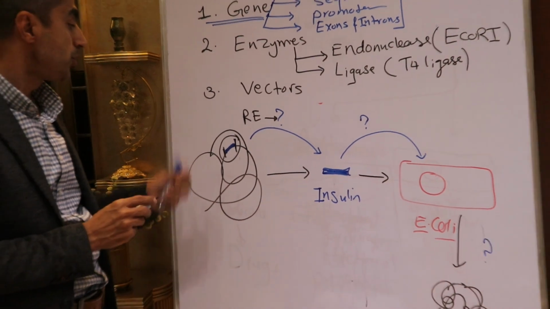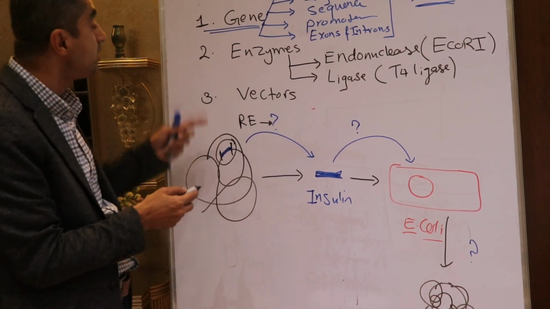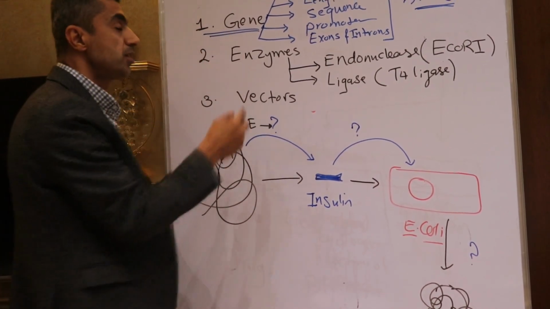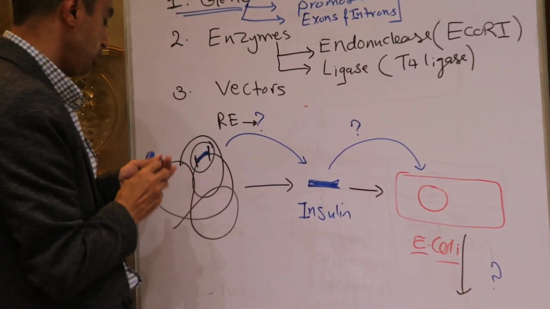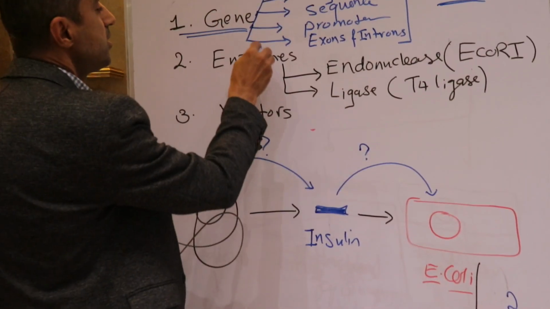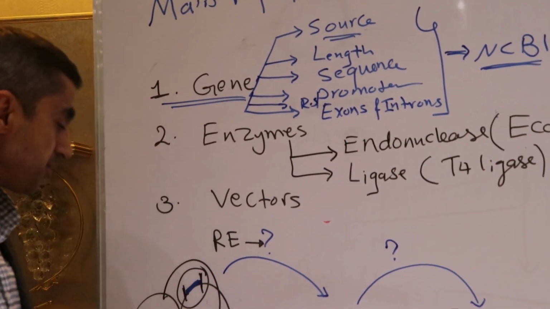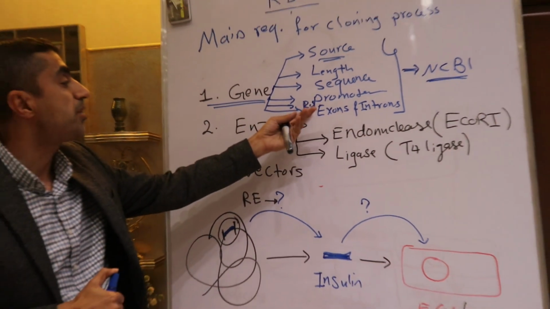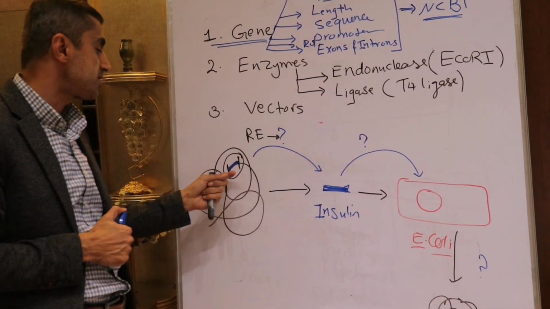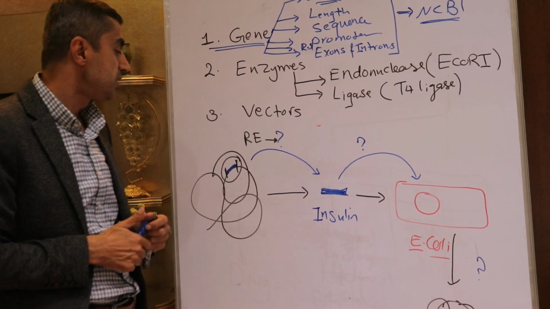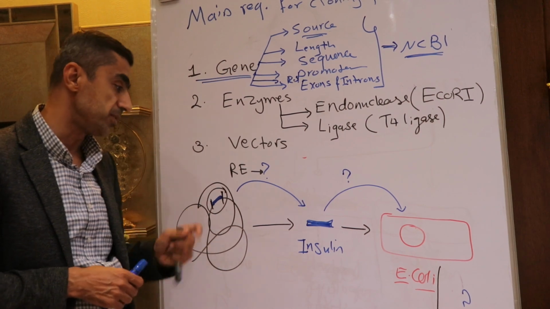But before, we have to know the restriction sites of this gene. For each gene, there are a lot of restriction sites. So when you know the name of the restriction site, based on the restriction sites, you can use a restriction endonuclease enzyme to cut a targeted sequence.